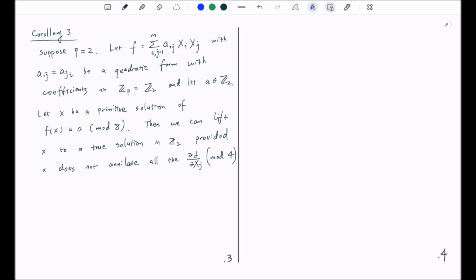And this last condition is fulfilled if the determinant of the matrix formed by the a sub ij's is invertible. The proof of this corollary uses theorem 1, the main theorem of this section, in page 14 of Sayre's book.